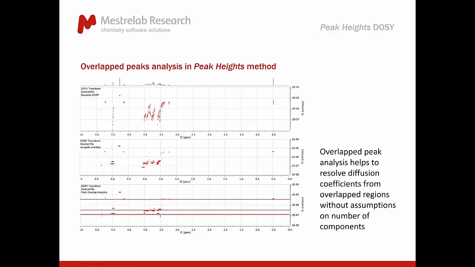People who probably do this kind of analysis often may argue that multi-exponential, the alternative approach, can give a little bit better result. But one thing to remember is that the approach which we use, splitting the peaks, doesn't use any assumptions. And probably this is not really the best example of that because of the very significant peak overlap in this area. But nevertheless, it doesn't use any assumptions.